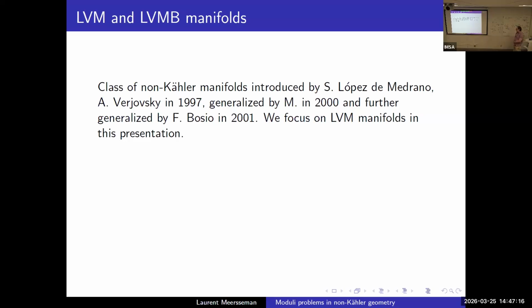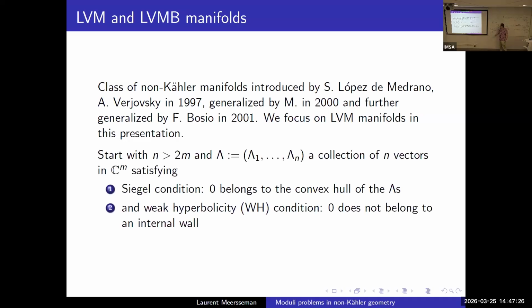I generalized this construction in 2000, and there is another generalization that I did in 2001. But here I will focus on LVM manifolds. I will just recall the construction because it's interesting to remind the complicated structure, just to give a flavor. Otherwise, in complex geometry, it's usually not an explicit construction.